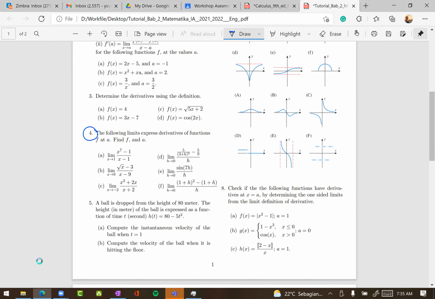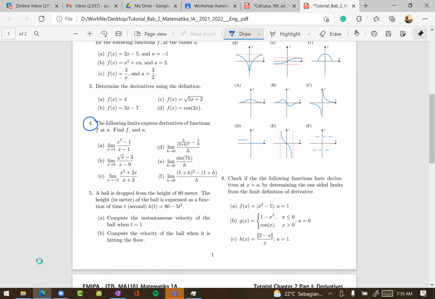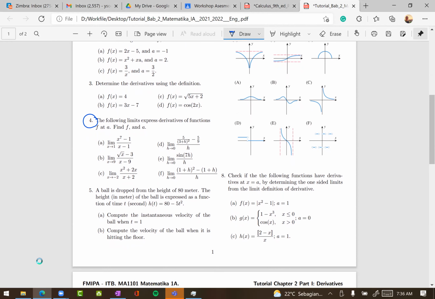So let's do this problem. Problem D, for example. Let's leave it.